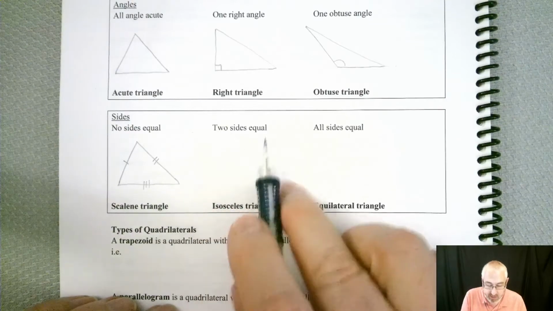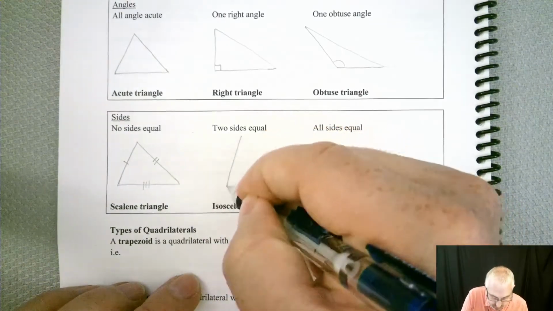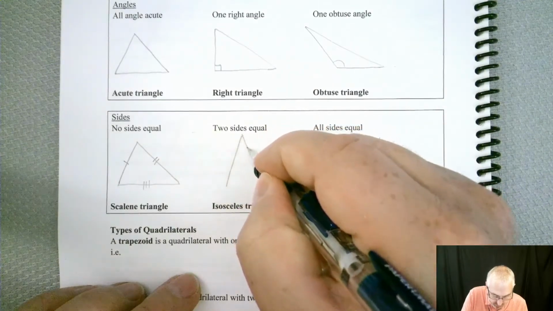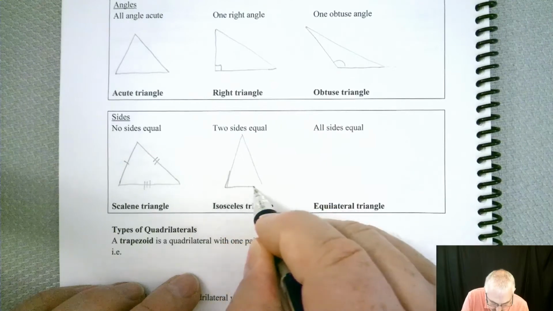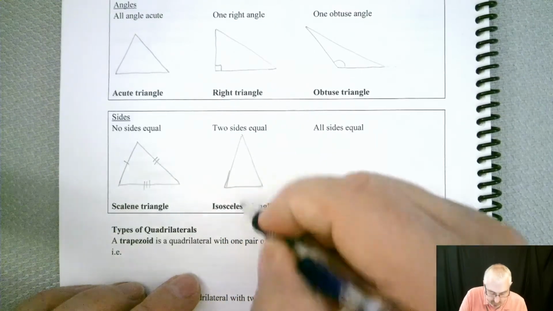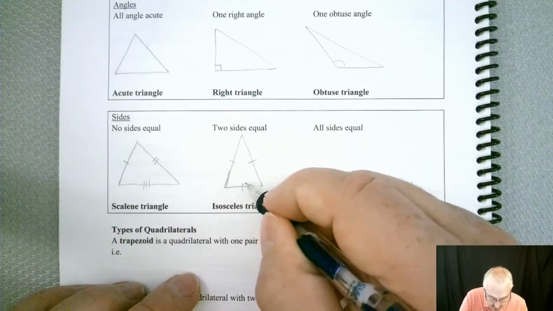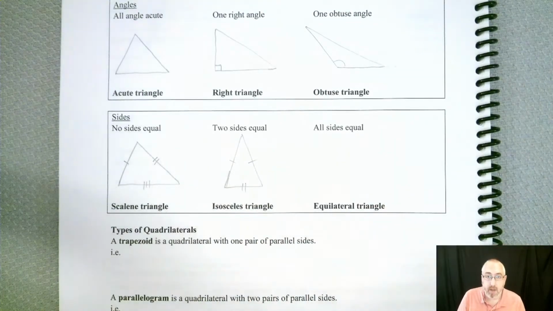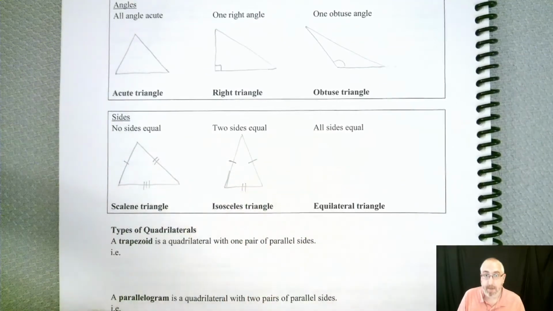When there's two sides equal, then it's called isosceles. So that would look something like this. And again, I'm going to use the acute triangle to illustrate it. If we had 1 dash in those two sides, and then 2 in the third one, just to really signify that those two sides are the same.